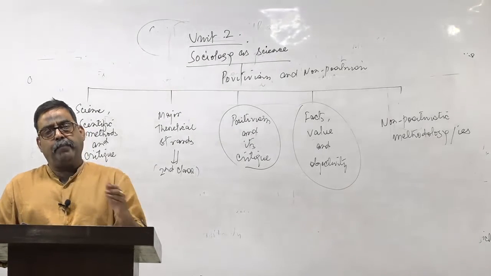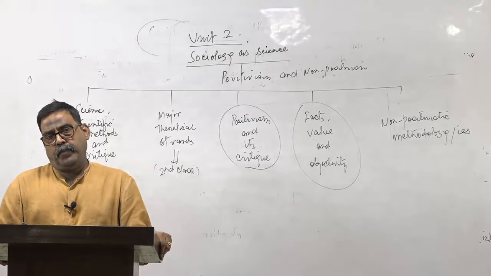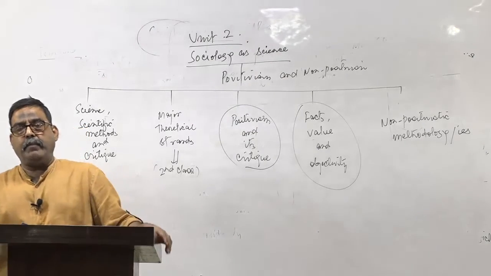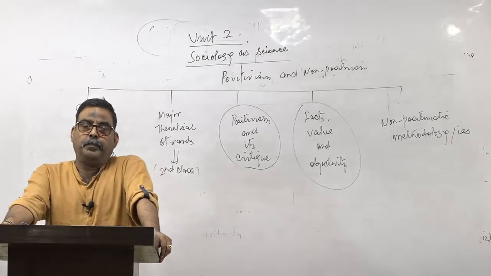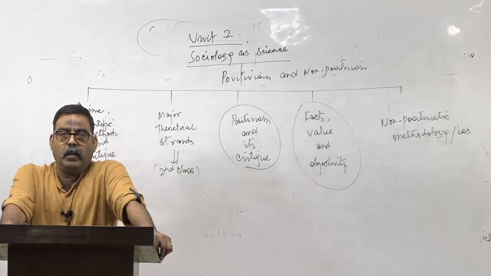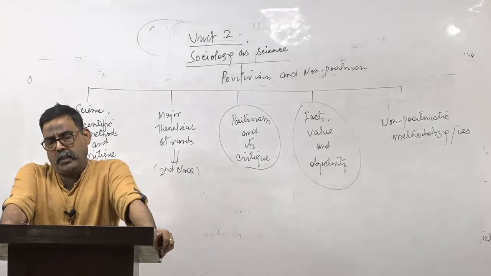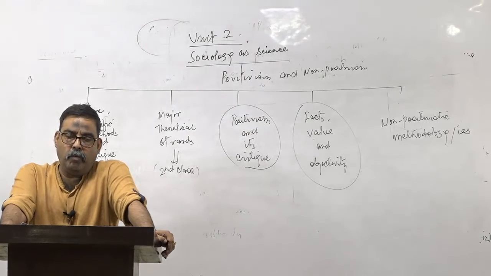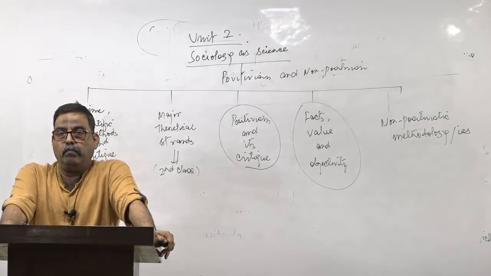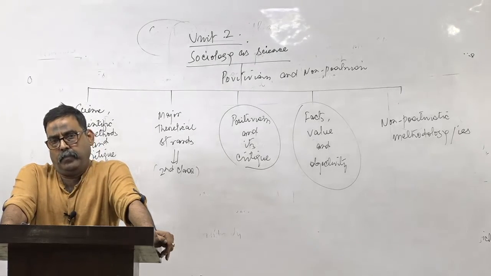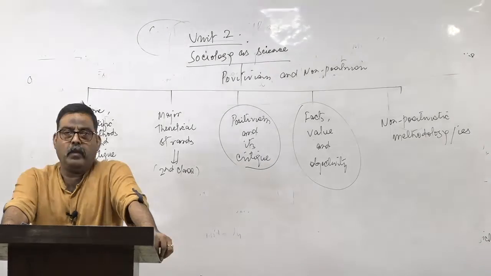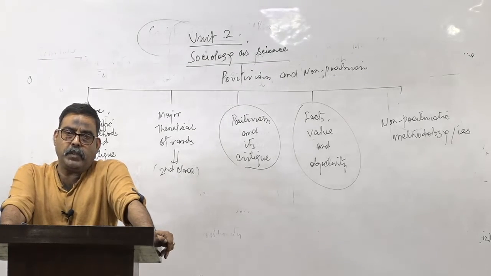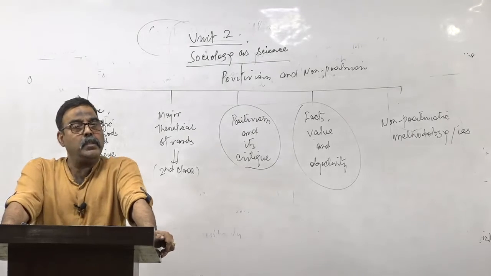But as sociology developed, the different non-positivist dimensions also started emerging out. And one of the most important perspectives that will emerge out will be basically by the German scholar Max Weber. Like Durkheim, he also addresses the methodological concerns in sociology.